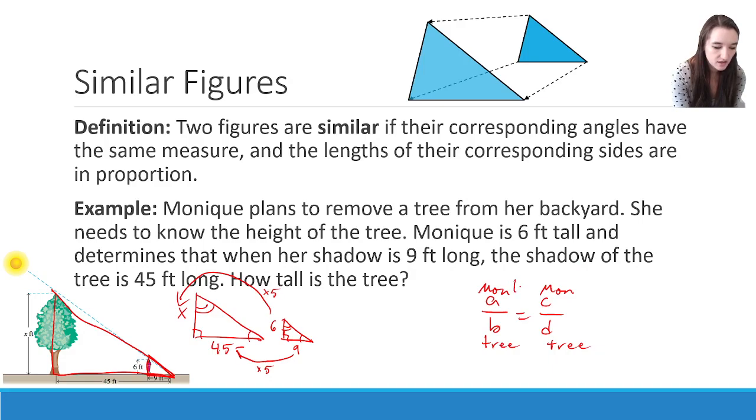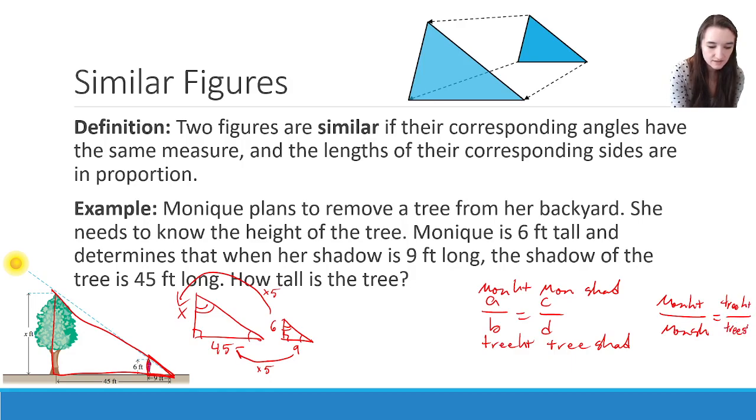So Monique's height versus tree height, Monique's shadow versus tree shadow. Or we could do this as Monique height over Monique shadow equals tree height over tree shadow.